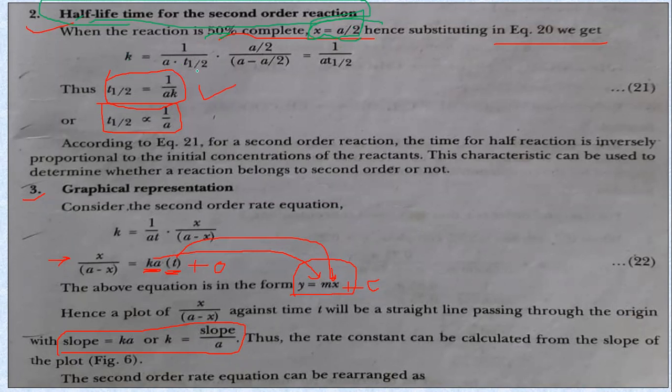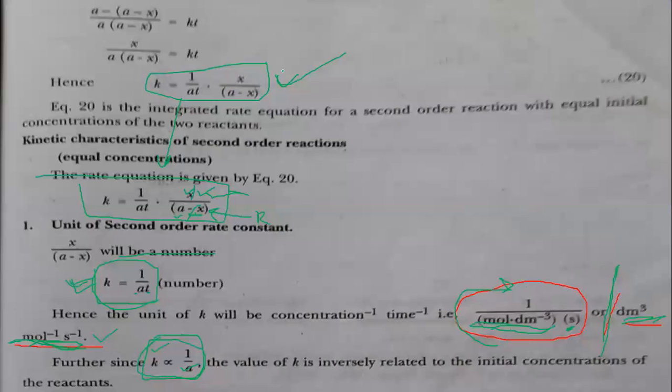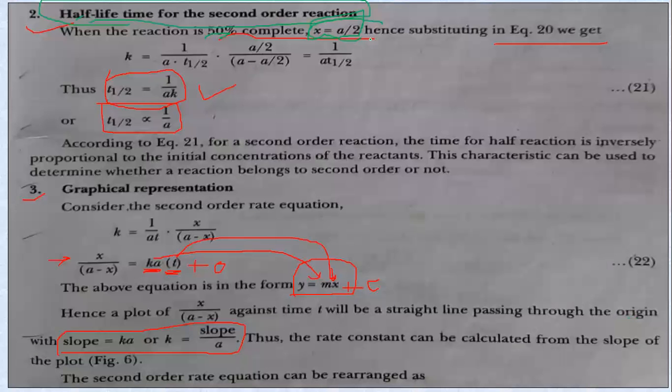Where is that equation? Here it is. What I am putting here: K equal to 1 upon A into T1/2. A will remain as it is. But how much product is formed over here? A by 2. What is the value of X? It's A by 2, after time t.